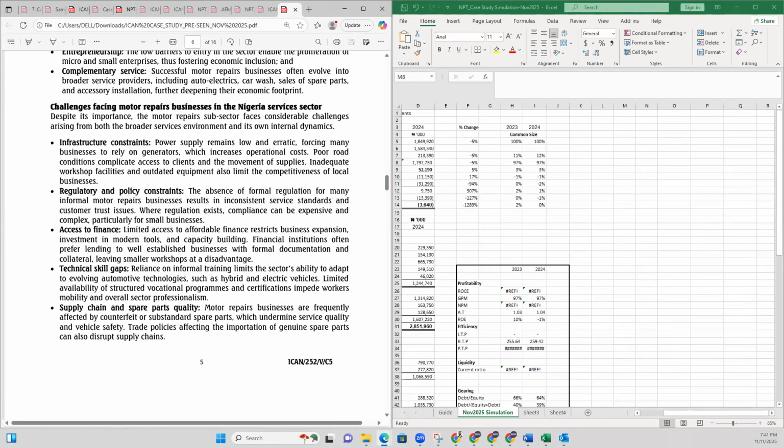Limited access to affordable finance restricts business expansion, investment in modern tools, and capacity building. Financial institutions often prefer lending to well-established businesses with formal documentation and collateral, leaving smaller workshops at a disadvantage.